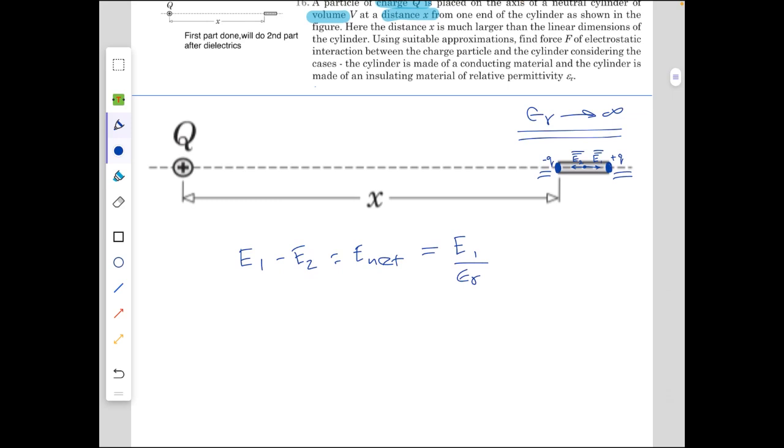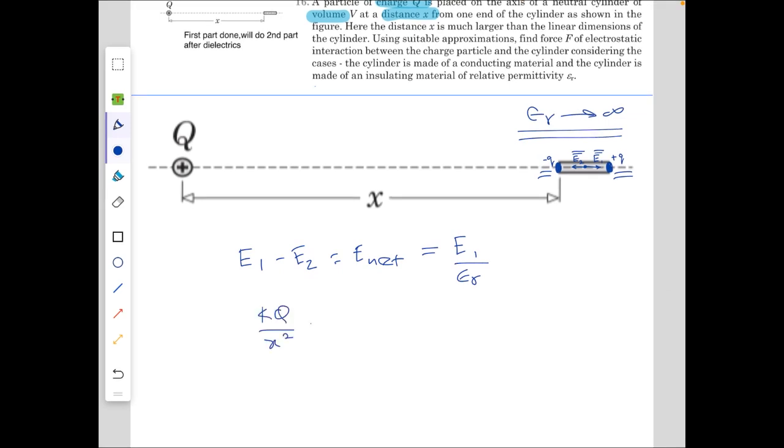So we get kQ over x square minus q over a epsilon naught. The electric field due to one surface will be q by 2a epsilon naught, and due to both the surfaces it will be q by a epsilon naught, and this will be equal to kQ by epsilon r x square.